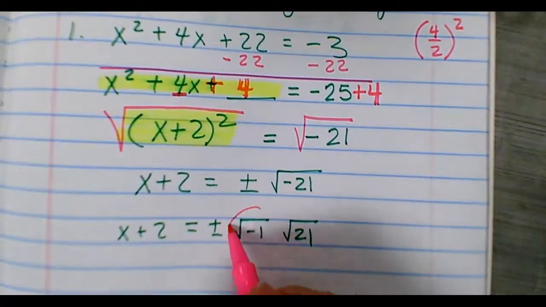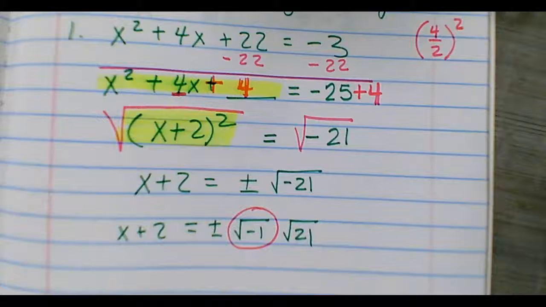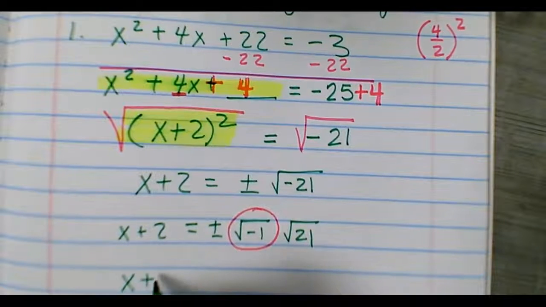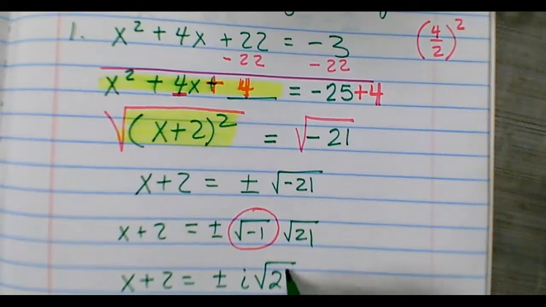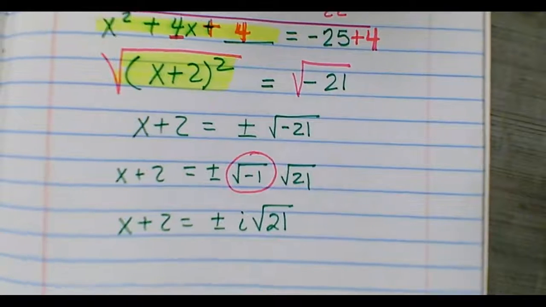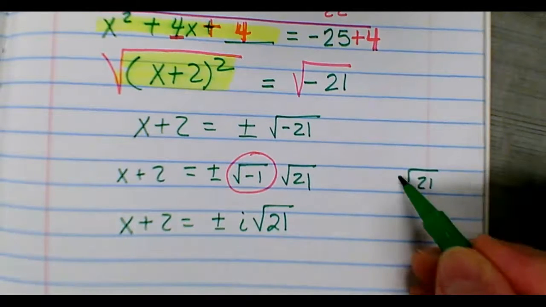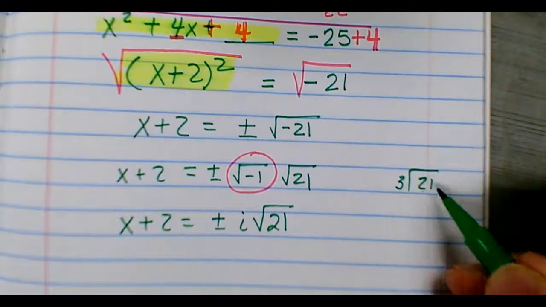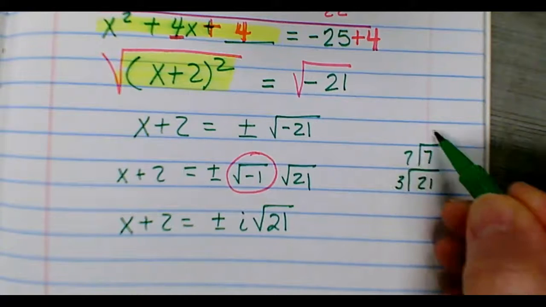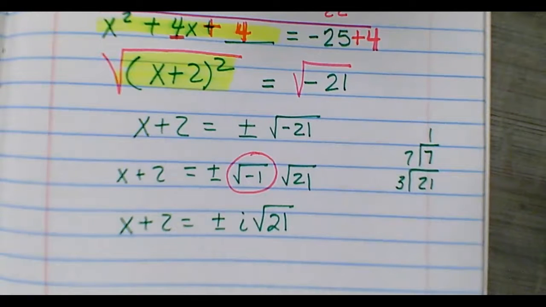Do you know what this is equal to? If I try to simplify the 21, 2 won't go into it, 3 will go into it, and I don't have any pairs.